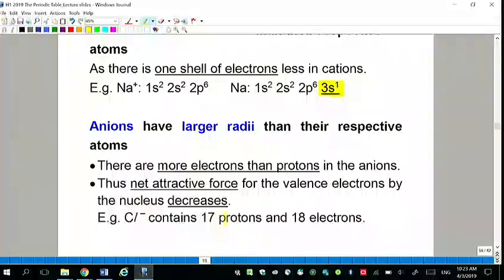So you need to split the attraction between 18 electrons as compared to 17 electrons. So the net attractive force would be lower. Because of that, anions will have a larger radius. Do you understand? Take note of this trend.